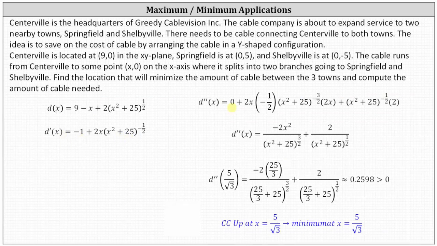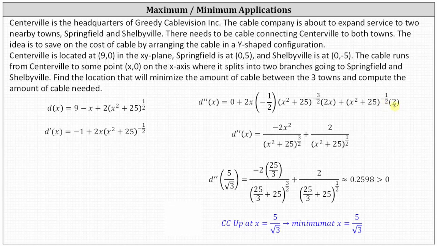The derivative of -1 is 0, and then to differentiate 2x times the quantity x squared plus 25 to the -1/2, we need to apply the product and the chain rule, where we have the first function 2x, and then to differentiate the second function, we multiply by -1/2, and then we have x squared plus 25 to the power of -1/2 minus 1, which gives us -3/2 as the power, and then times the derivative of x squared plus 25, which is 2x. And then we have plus the second function times the derivative of the first function. The derivative of 2x is equal to 2.